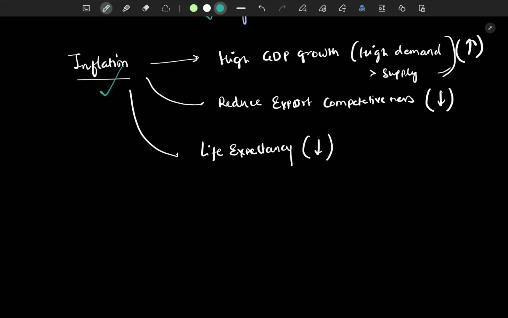If the price of goods is increasing in your country, then goods to produce will also be costlier, and if other countries have less inflation, the cost to produce that set of goods is lesser, so we cannot export those goods outside, because the price in our country, in India, is higher than the price in, suppose, Australia.